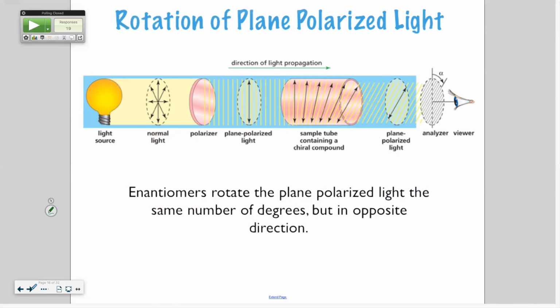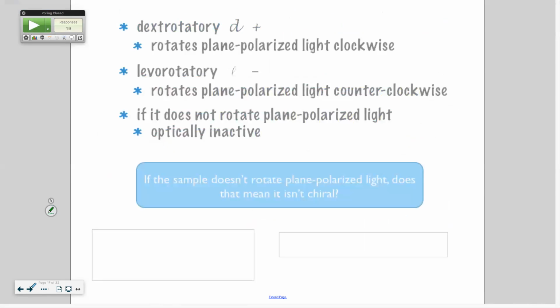So if one is plus 20 degrees, the other one is going to be minus 20 degrees. And what means plus and minus? Plus means dextrorotatory. It rotates the plane polarized light clockwise. Minus is levorotatory. It rotates the plane polarized light counterclockwise.